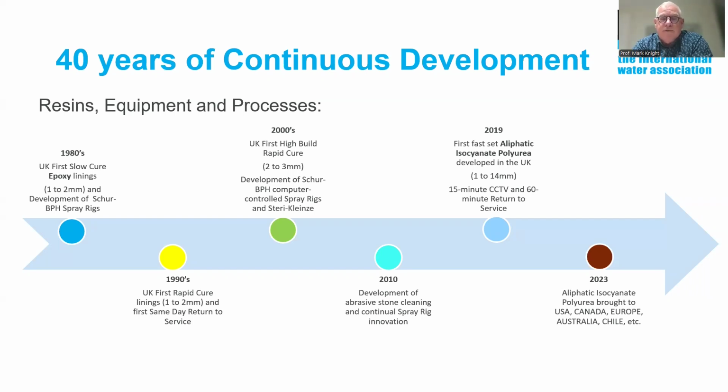And one of the recent advances in 2019, Resimac developed the first aliphatic isocyanate polyurea, which is a fast-set polymer. It has NSF approval to build a 1 to 14 millimeter thick liner quickly: 90 seconds dry to the touch. 15 minutes after you apply a coat, you can put a CCTV camera in and build another coat applied on top of it, with a 60-minute return to service.